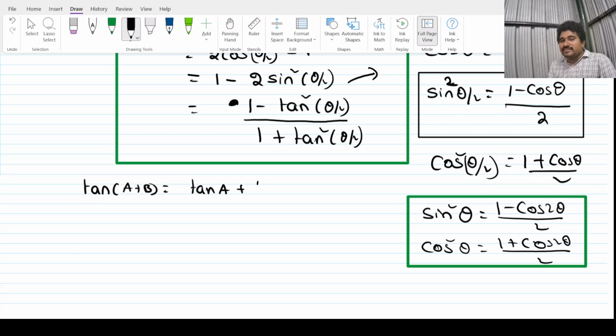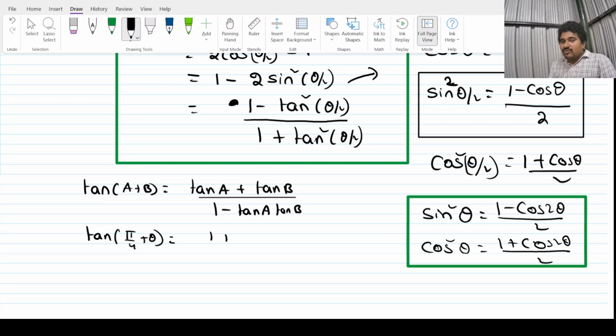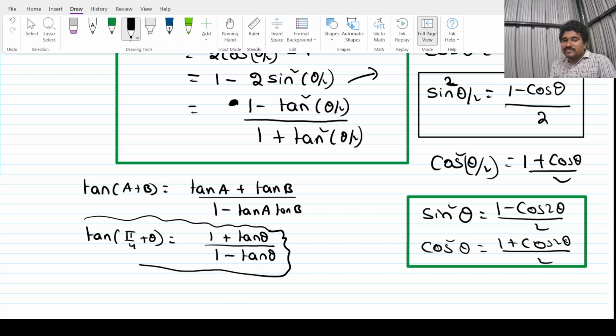Tan A plus tan B by 1 minus tan A tan B. Similarly, what about tan pi by 4 plus theta if I write? 1 plus tan theta by 1 minus tan theta. Remember, whenever you see 1 plus tan theta by 1 minus tan theta, that is nothing but tan pi by 4 plus theta.